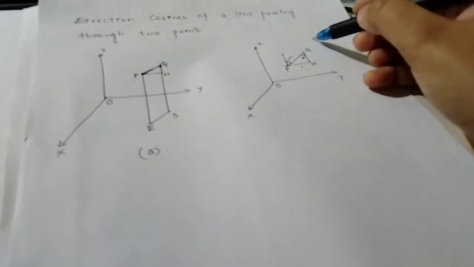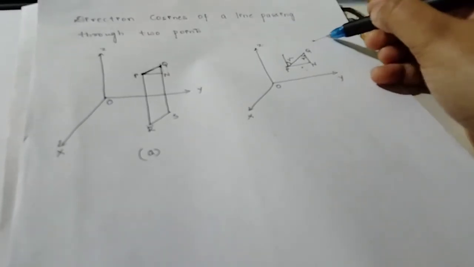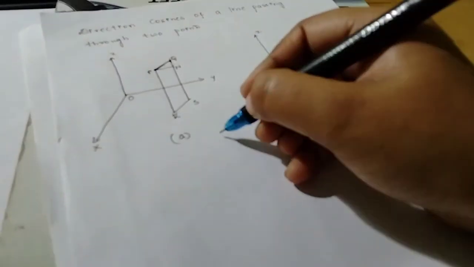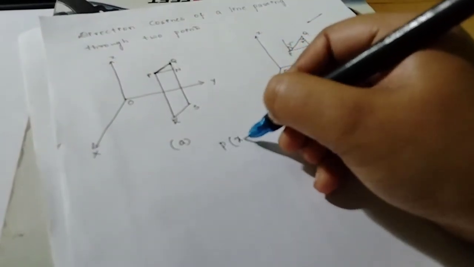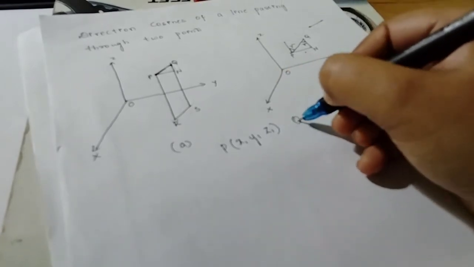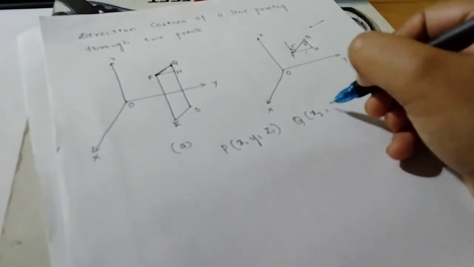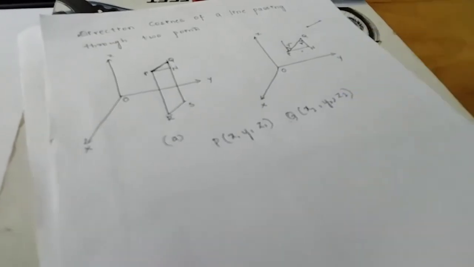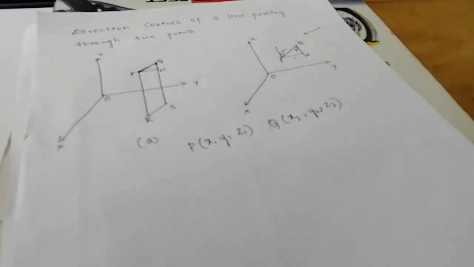Here, I take point P as x1, y1, z1, and the coordinates of Q as x2, y2 and z2.